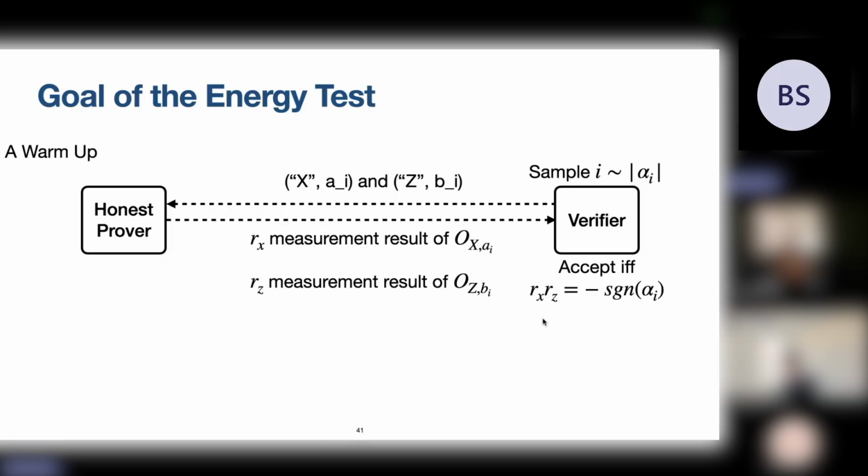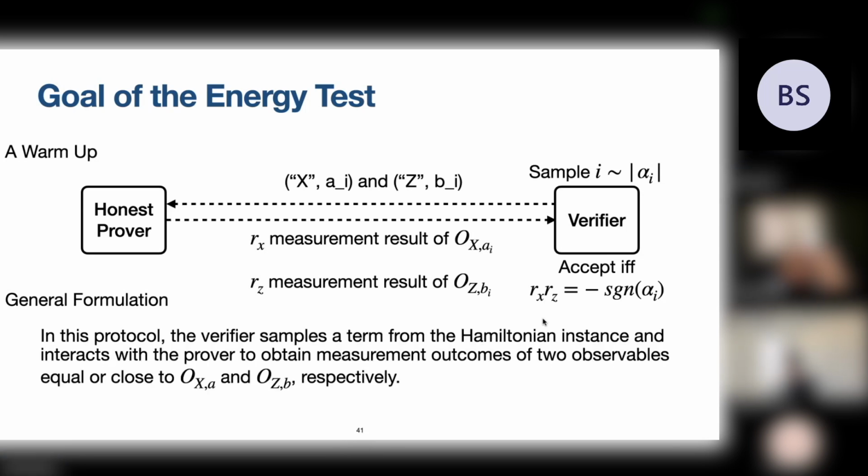And the verifier accepts if you multiply the measurement results and it is the same as the negative of the sum of alpha I. If you do the calculation, this is just going to give you the energy. Yes.